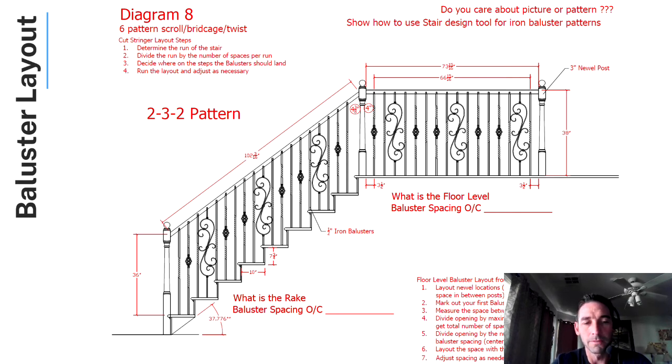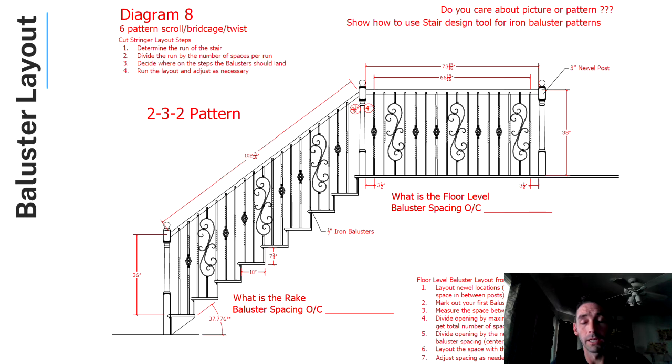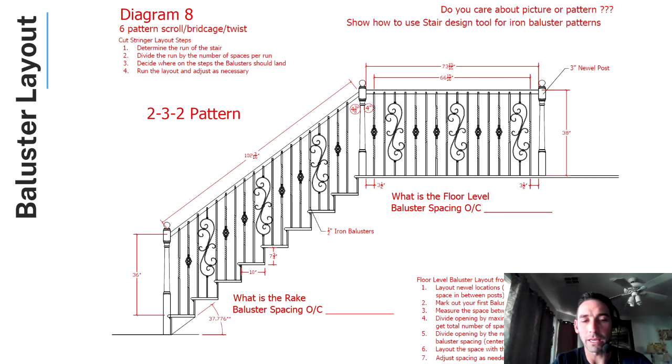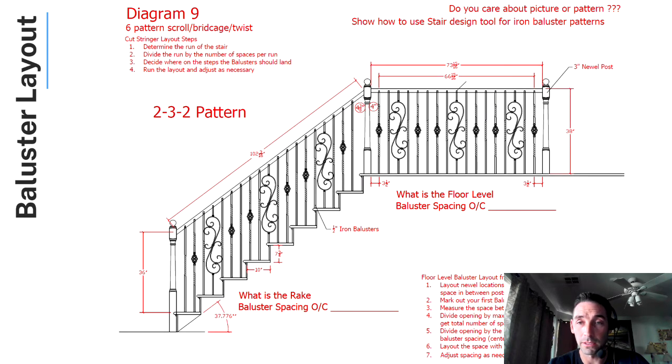That gives me 15 spaces, which would be 16 balusters. But we don't want 16 balusters because this is what we end up with. So what you'll do is you'll round up one more. So instead of dividing by 15, if I divide by 15, I'm going to end up with what you see here. Or I can divide by one more and end up with this.